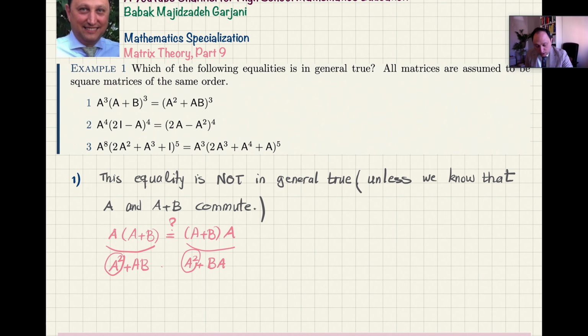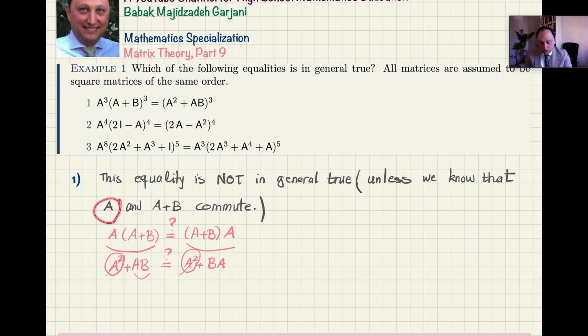But you see, in order for this equality to hold, this part is of course the same part here, no problems, but I need to know that AB is equal to BA, but I don't know. I don't have any guarantee for that. There's nothing extra in the problem saying that AB is equal to BA. So exactly what you said is correct.